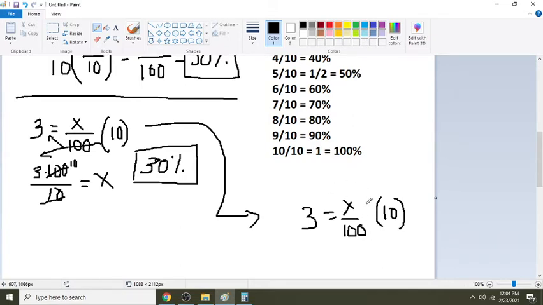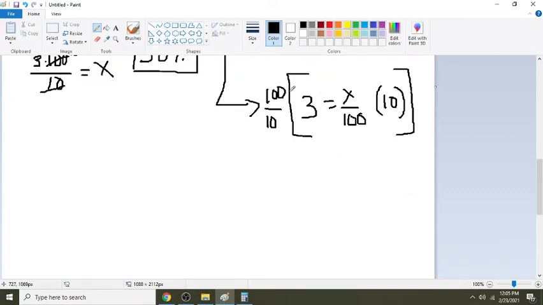To do that, you have to multiply both sides of the equation by the reciprocal value of 10 over 100, which is 100 over 10, to be able to cancel it out. So 100 divided by 100 is 1, and 10 divided by 10 is 1 also, which leaves you with x on the right side.